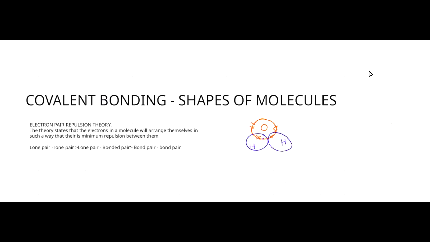So over here, the repulsion between two lone pairs of electrons is going to be the greatest. Then the repulsion between the lone pairs and the bonded pairs of electrons is lesser. And the repulsion between two bonded pairs is the least.